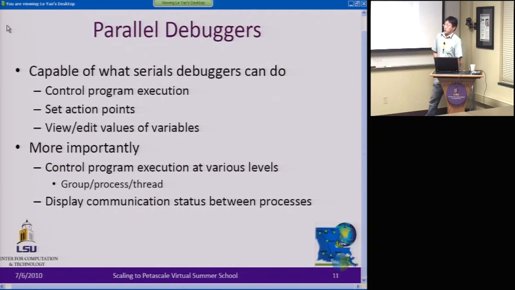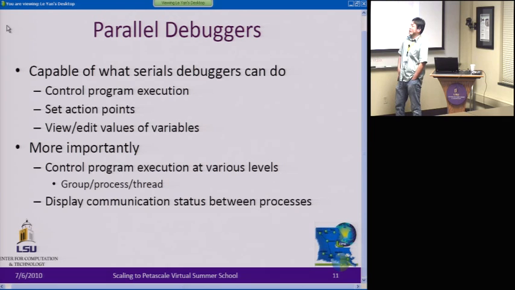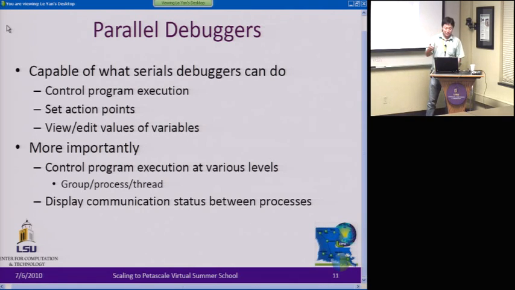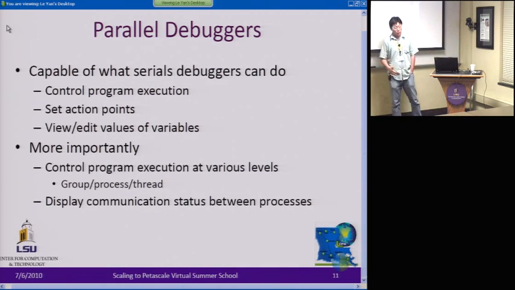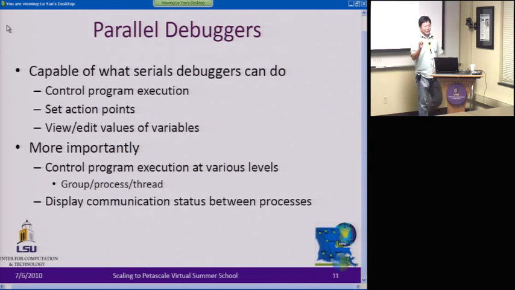Finally, debuggers. Parallel debuggers are of course capable of doing whatever a serial debugger can do: control the execution of a program, set action points, and view and edit the values of variables. To help you debug a parallel program, it also needs to be able to control program execution at various levels.